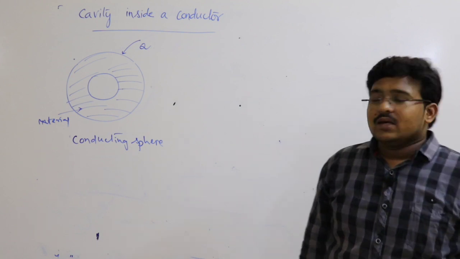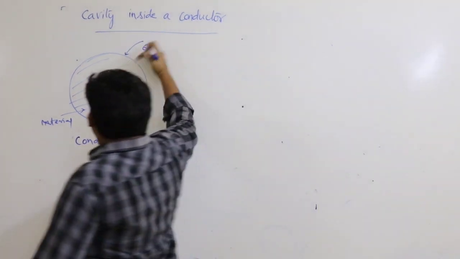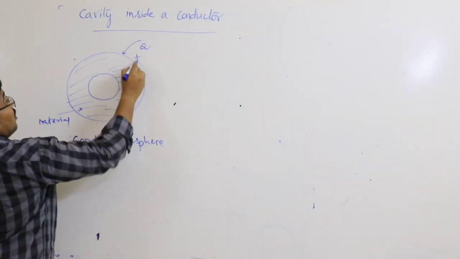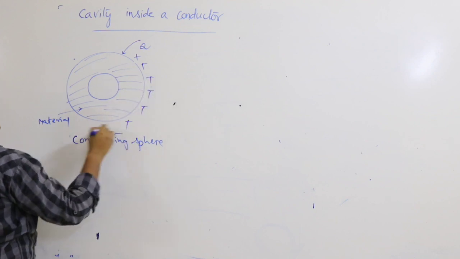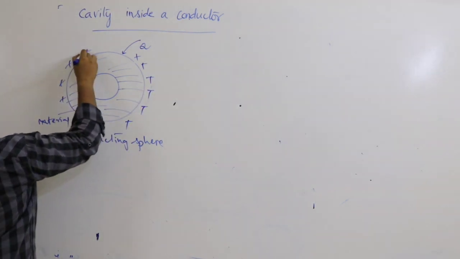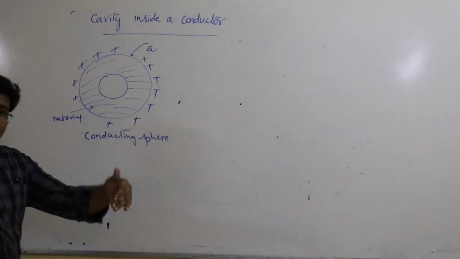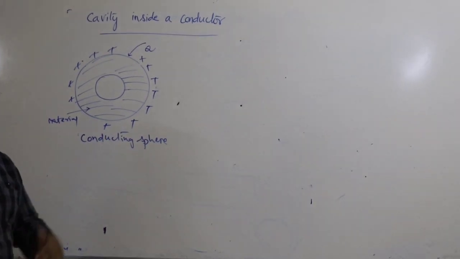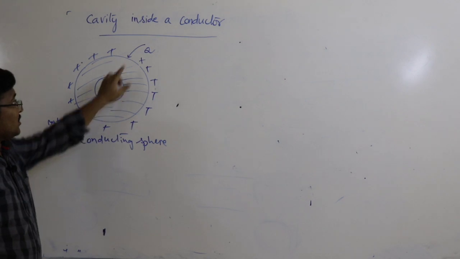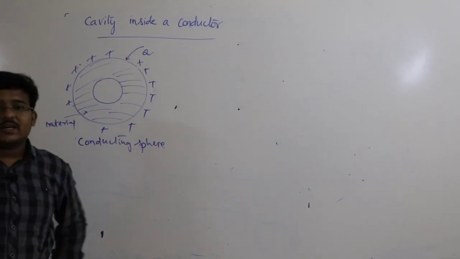No. I told you that if I give the charge to the conductor, it will always be present on the outward surface. So that charge will never go inside. Means simply in this cavity no charge will be created.